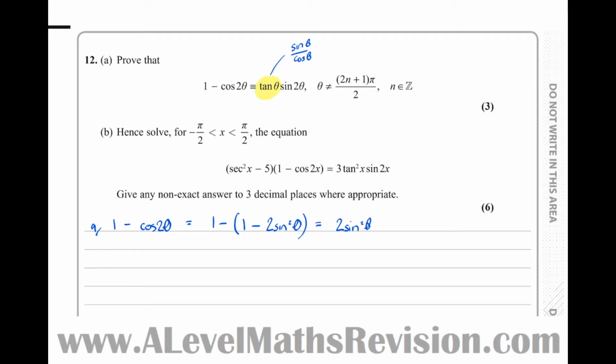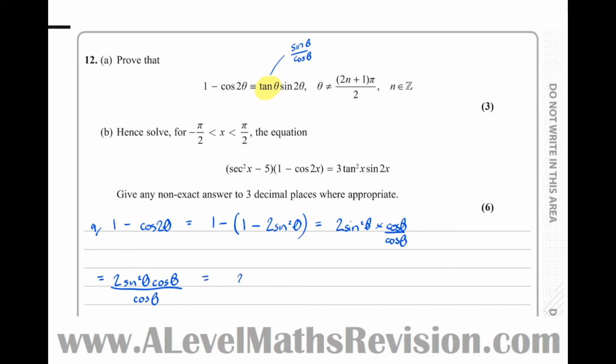So that still doesn't look like tan theta sine 2 theta. But this is the next step. Let's try and force a tan in there. So we can't really multiply by anything other than 1, otherwise we'll change the value of what we've got and we can't have that. So what we're going to do, we're going to times by 1, but in this really clever way. Cos theta over cos theta. So that in turn is equal to 2 sine squared theta cos theta over cos theta.